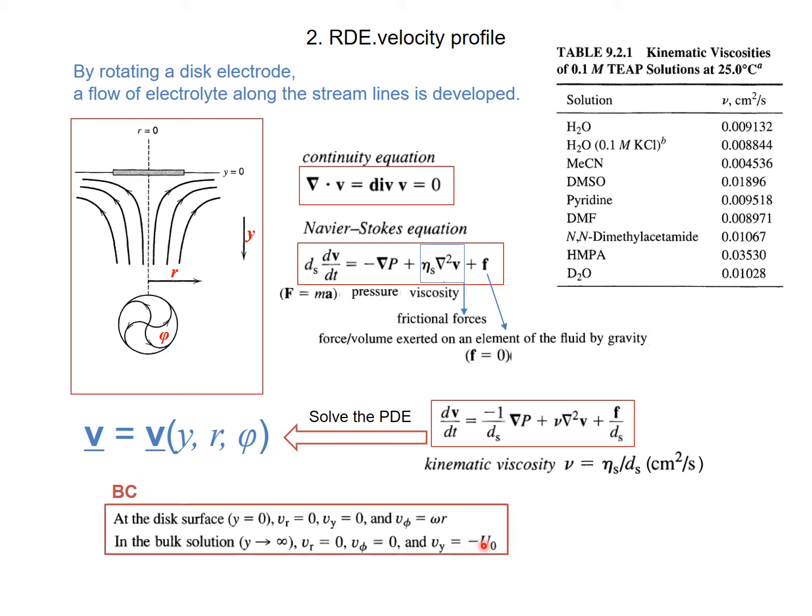Minus means the flow is approaching the surface of the electrode. So we have these boundary conditions, and with enough boundary conditions, we could solve the problem. Finally, the solution is the velocity profile as a function of y in this direction, radius r, and phi.